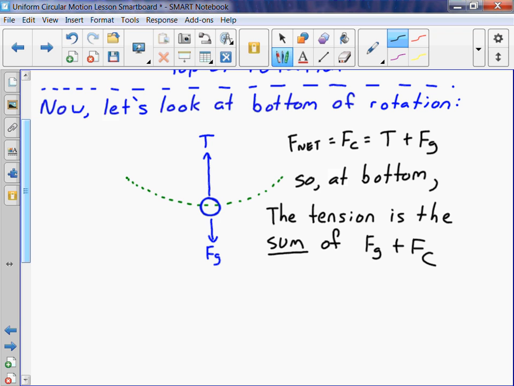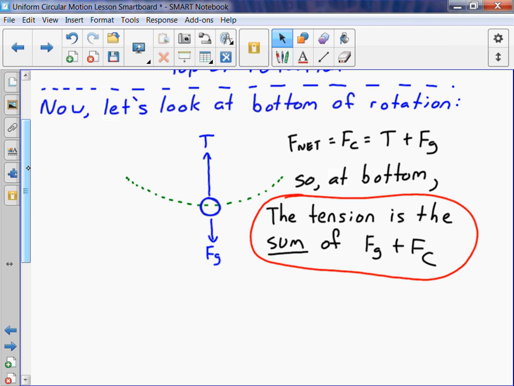Oh, right, it's due to the acceleration then. FG is going to be negative. We call it positive. I was right. So the tension is the sum of FG and FC.